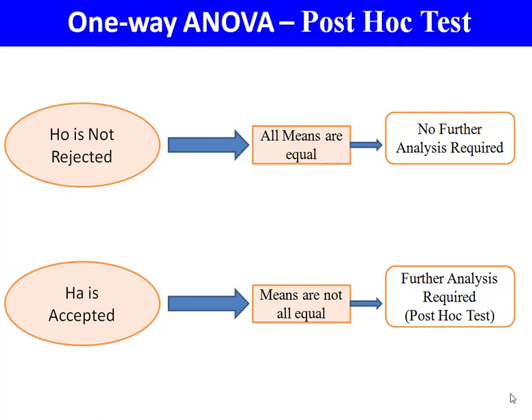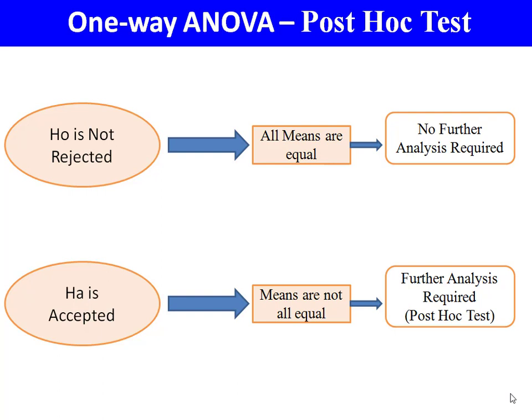Once the one-way ANOVA is run, at the final stage, if the null hypothesis is not rejected, that means all means are equal, and no further analysis is required.